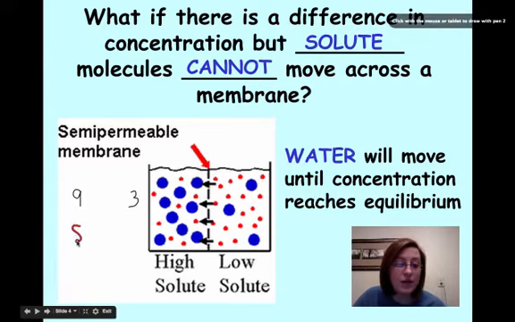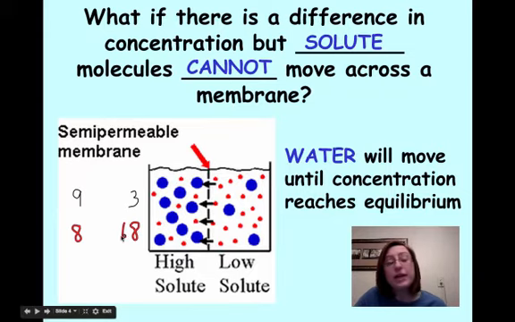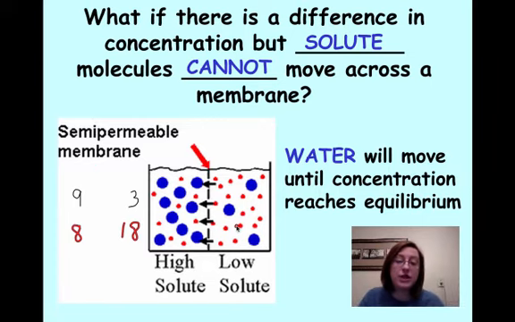Okay, there are 8 water molecules, whereas over here, I have 18. Okay, so if we look at that concentration, there is much more solute concentration here than here. So if the water is able to move, could we balance out its concentration? And the answer is yes. The water molecules on this side are going to diffuse across until we have an equal concentration.